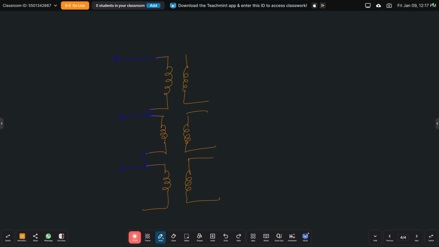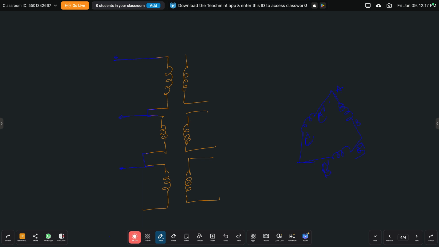For example, this is A and this is B, then this is B dash, this is C, then this is C dash, then this is A dash. Based on that, A is connected to the next winding. For example here this is C dash, and this is B and this is B dash.